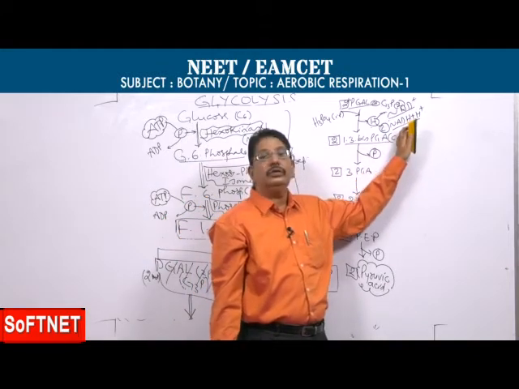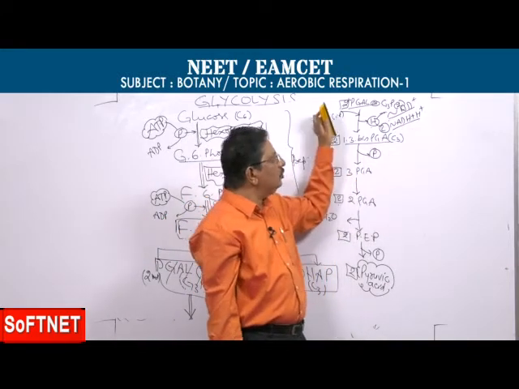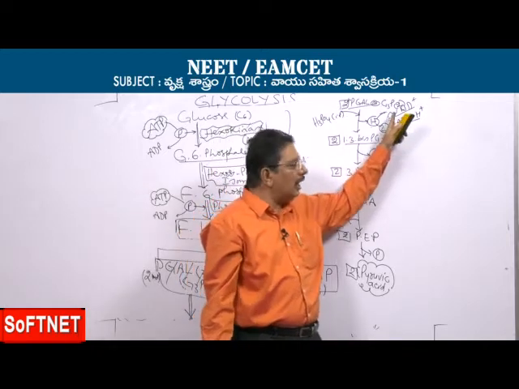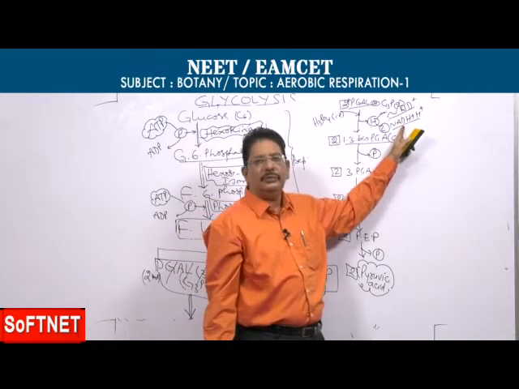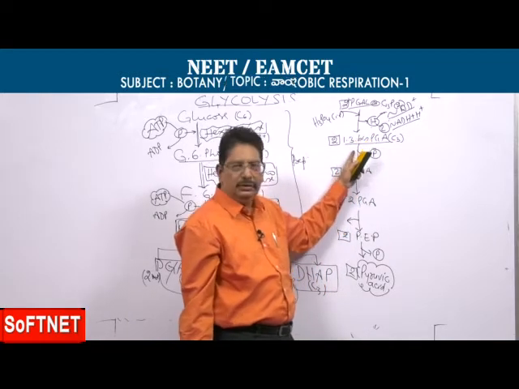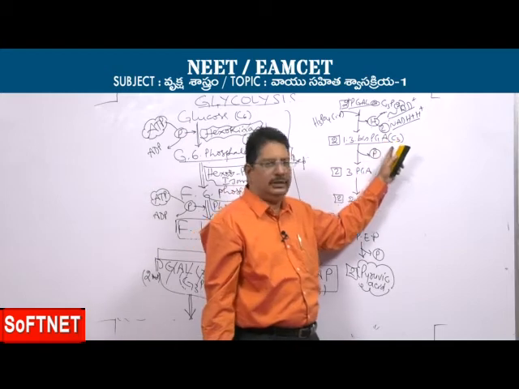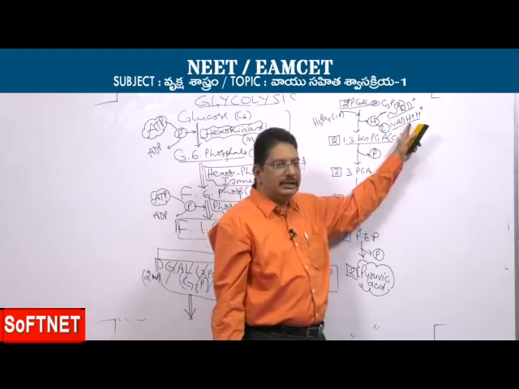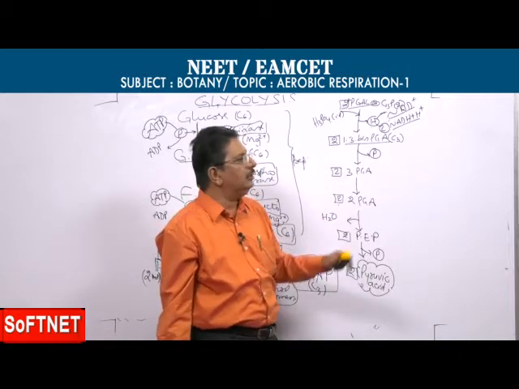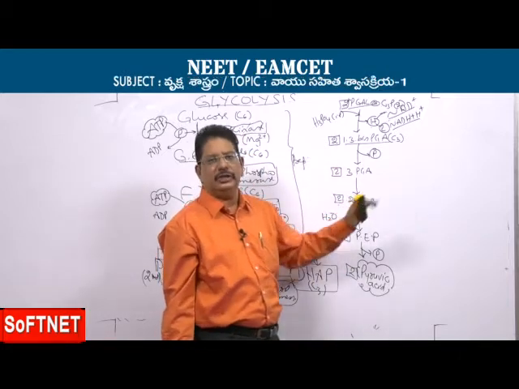NADH plus H plus is one form of energy. Unfortunately, it is not directly useful. So, glucose energy in the form of electrons and protons is locked in two molecules of NADH. Further energy is still in the 1,3-bis PGA, but later this NADH is finally oxidized and involved in ATP synthesis, which comes later.